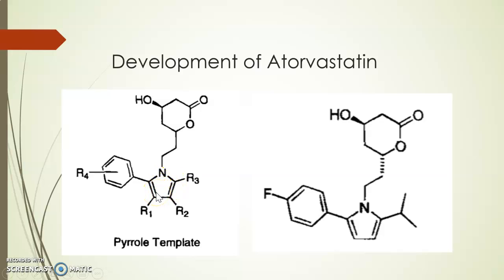And so they did some more tests, and they were able to conclude that the 5 and 2 substituents on either side of here could be no farther than 10 angstrom apart, and that substituent 2 could be no longer than 5.9 angstrom, while substituent 5 could be no longer than 3.3 angstrom.